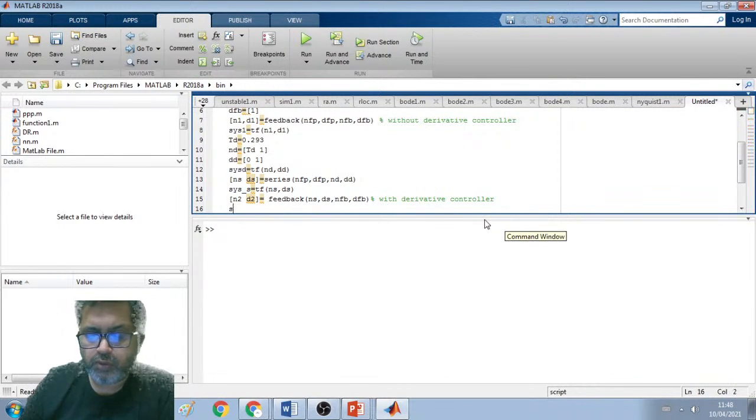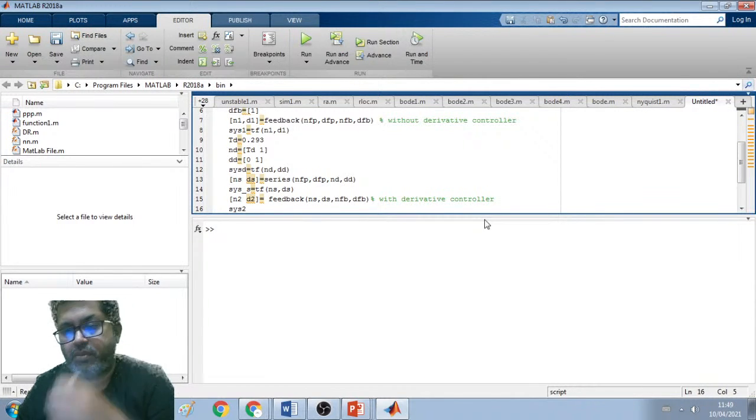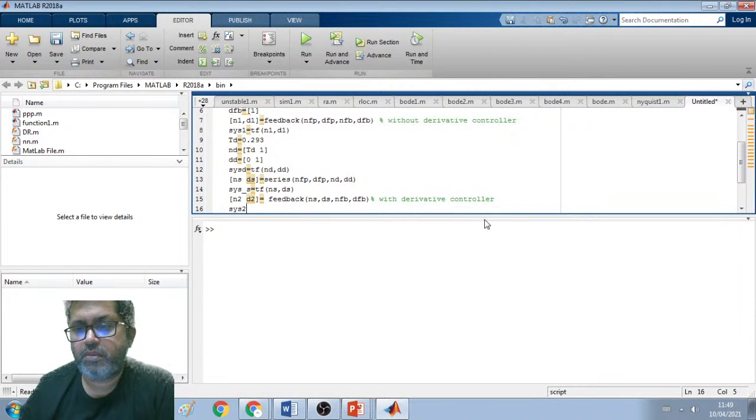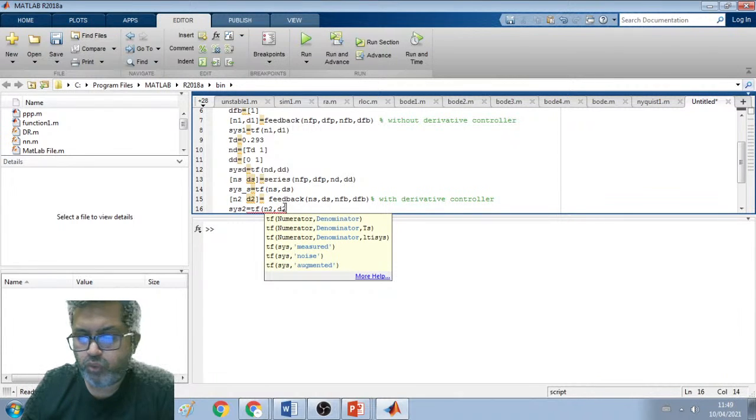Okay, so this will be sys2, sys2 is equal to, okay, transfer function n2 comma d2.